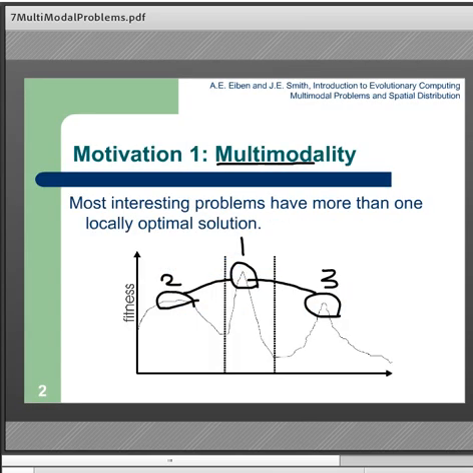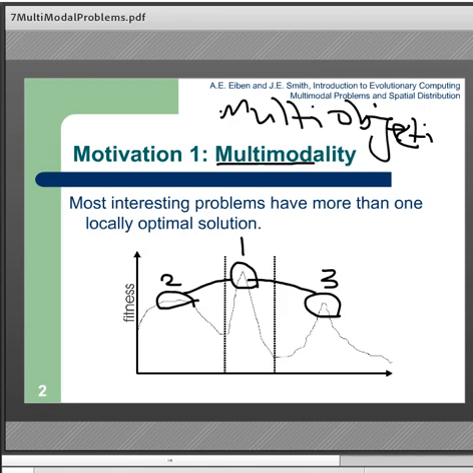So we have two idioms, multimodal and multi-objective. These are two types of EA problem.